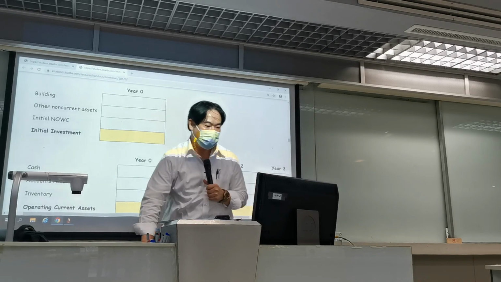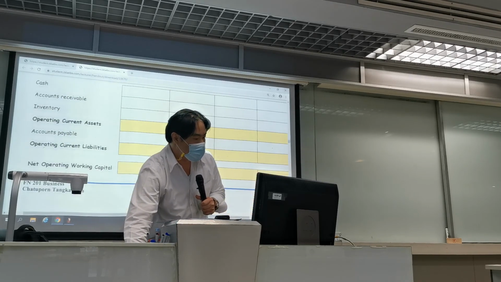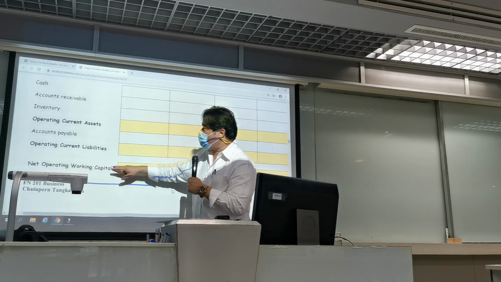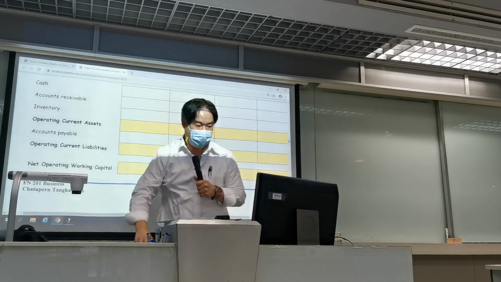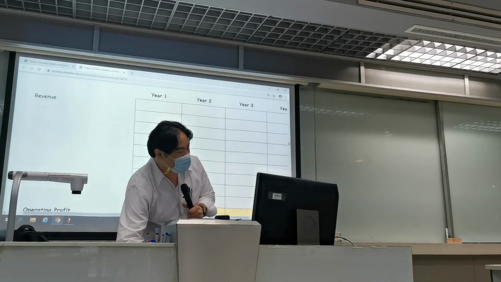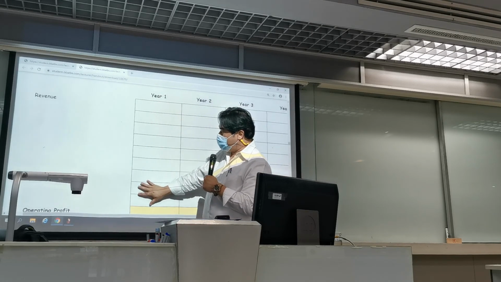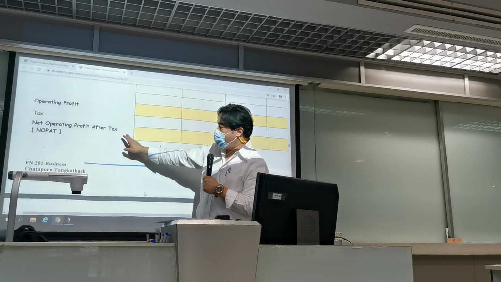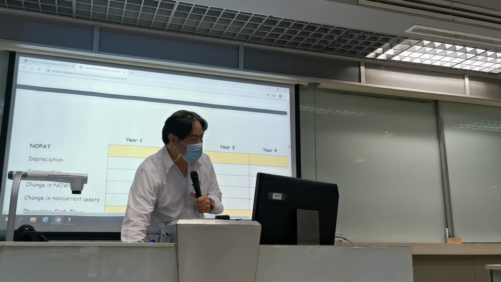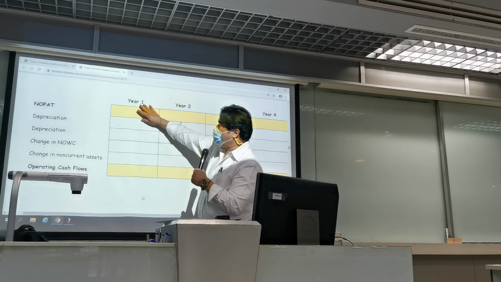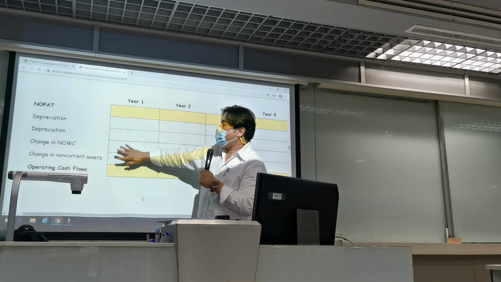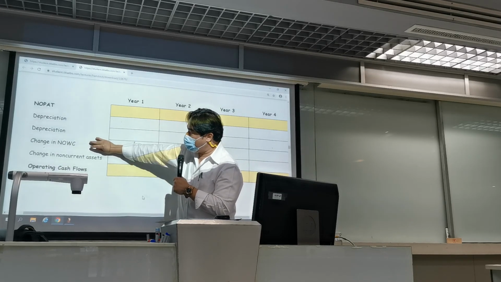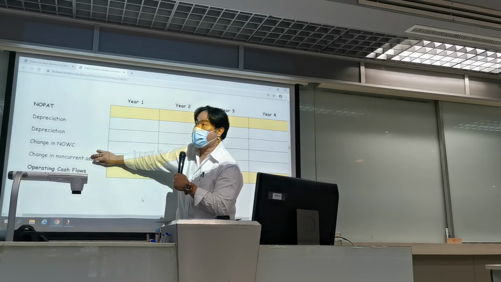Next, you can calculate NOWC from here. Then you have the income statement until you arrive at operating profit and NOPAT. After you get NOPAT, you calculate operating cash flow: add back depreciation, change in net operating working capital, change in PPE.